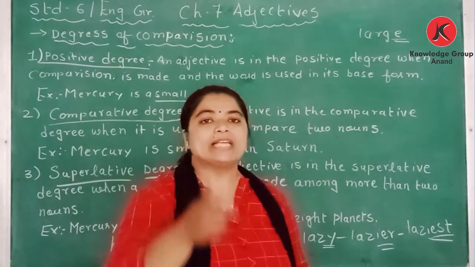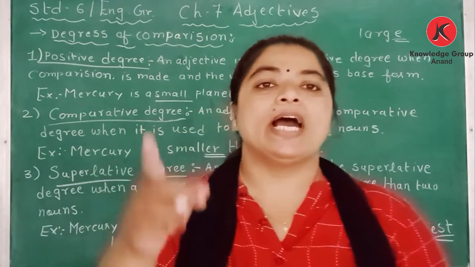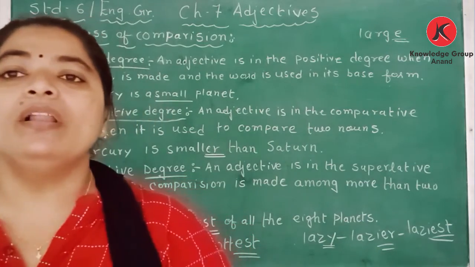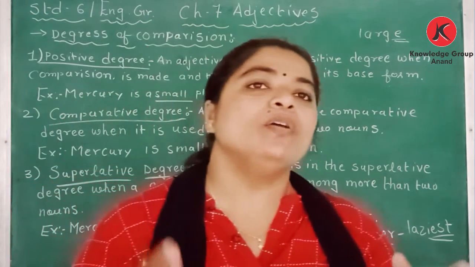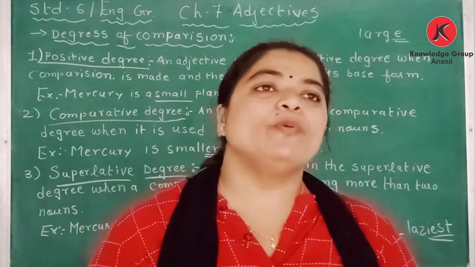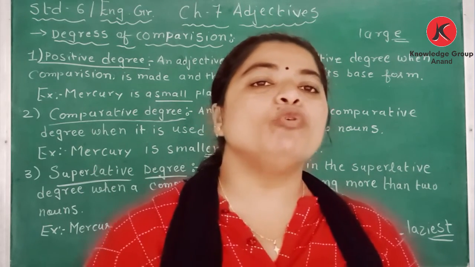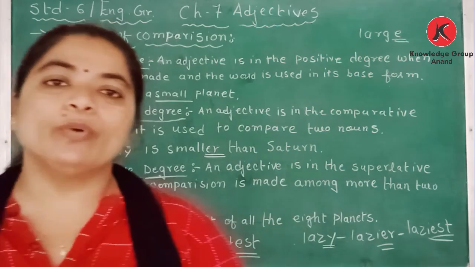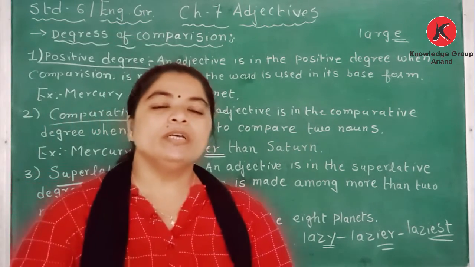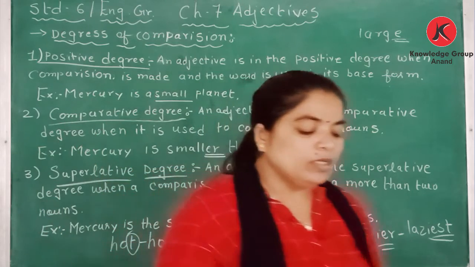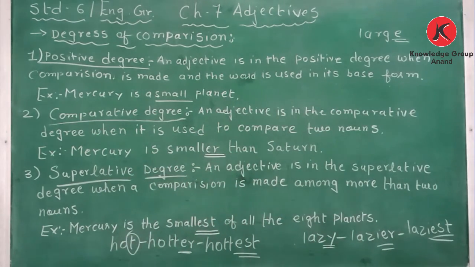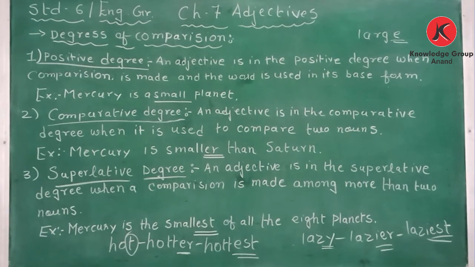And the longer adjectives do not take ER or EST. For example, famous becomes more famous and most famous. So for some words we use more and most. Dear students, before we go to the exercise, write down this work in your notebook with good handwriting. All the points you have to write down.